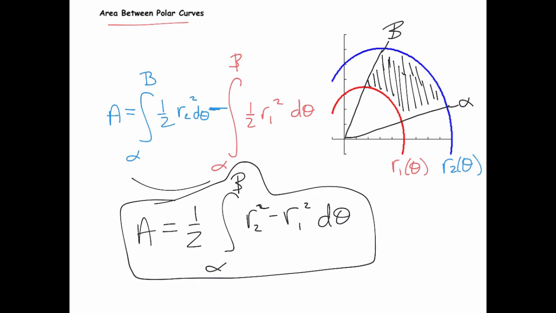Most of your attention will be focused on those limits of integration, because you'll need to find where they intersect, if they do intersect, or you just at least need to know those angle values, and you need to make sure you find theta values that would allow the integral to produce a positive answer. So in other words, the alpha angle needs to be less than the beta angle.